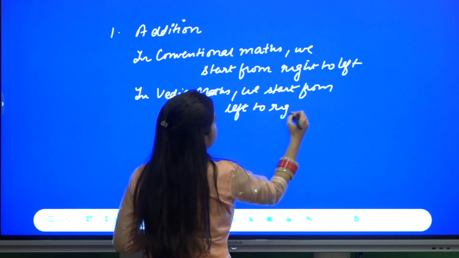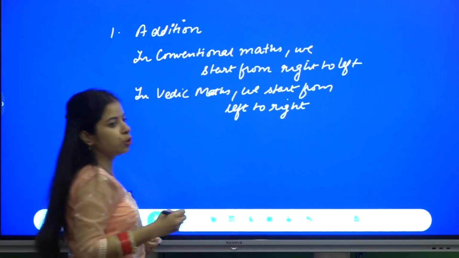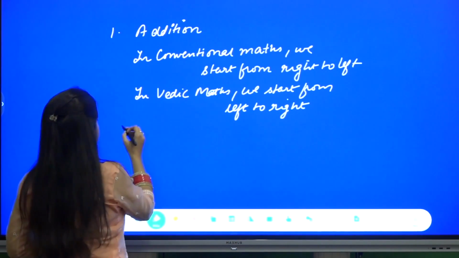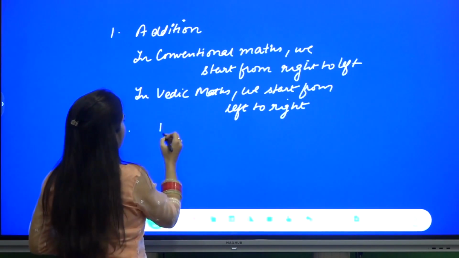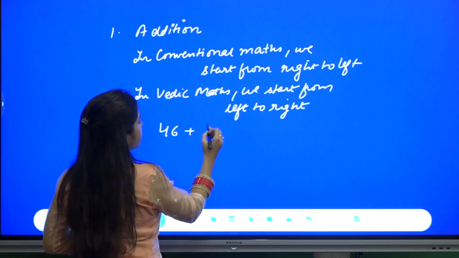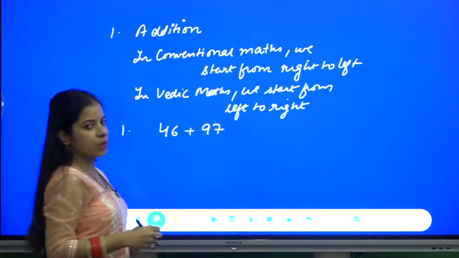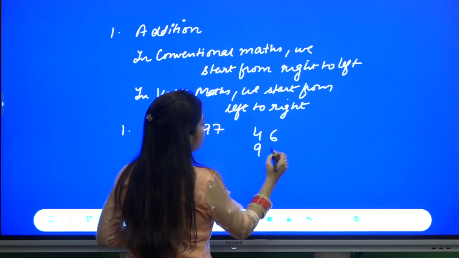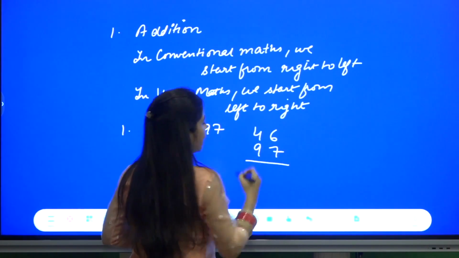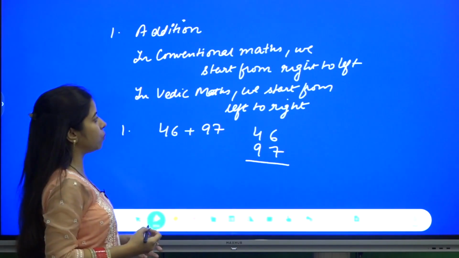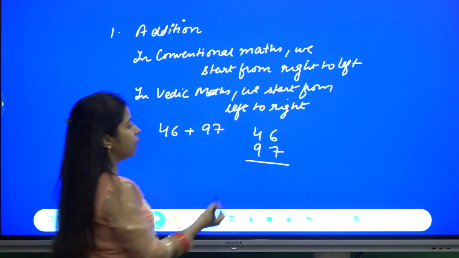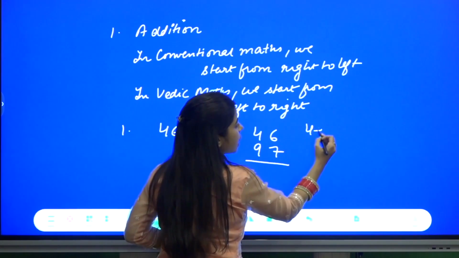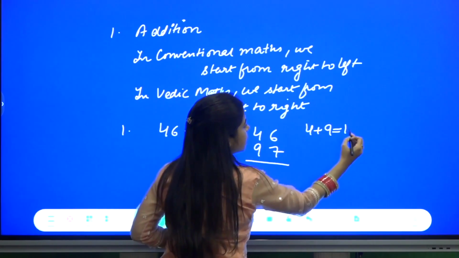For example, if we have to add, say, 46 plus 97. So, we are going to write the numbers in row form and we are going to start from the left side. Now, 4 plus 9 is 13.